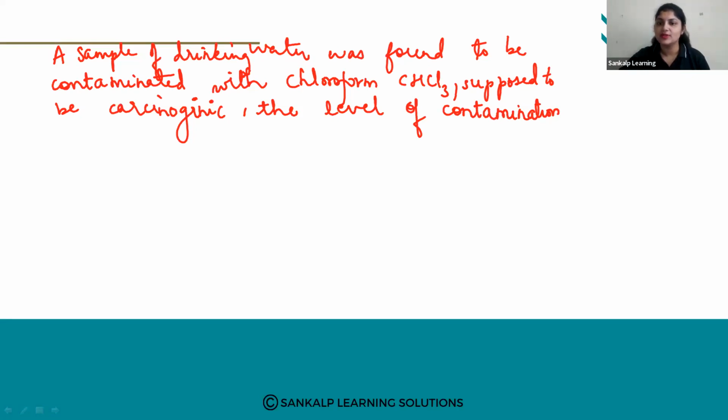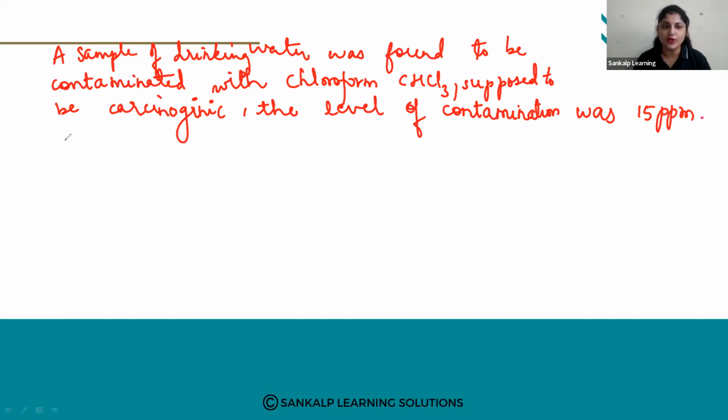So this is about the level of contamination. The drinking water was contaminated with chloroform, which is supposed to be carcinogenic. The level of contamination was 15 ppm.